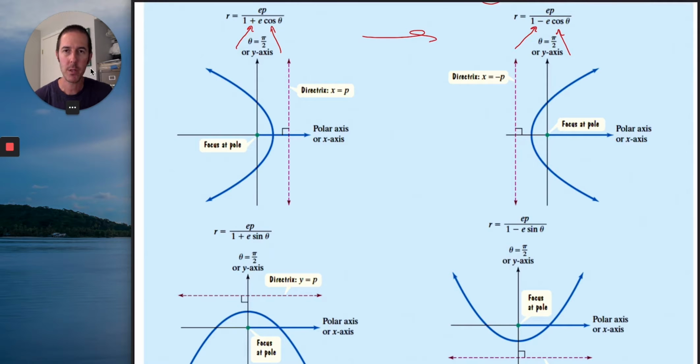The graphs below them, the one on the left, involving the plus sign and the cosine, is concave to the left, and on the right, we're concave to the right. So we're concave in the horizontal direction, which we've seen a lot when we're working with the cosine function. In this case, however, it's a little bit backwards, because this plus sign in the left-hand equation might lead you to believe that it's concave to the right, or in the positive horizontal direction, but in fact it's not.